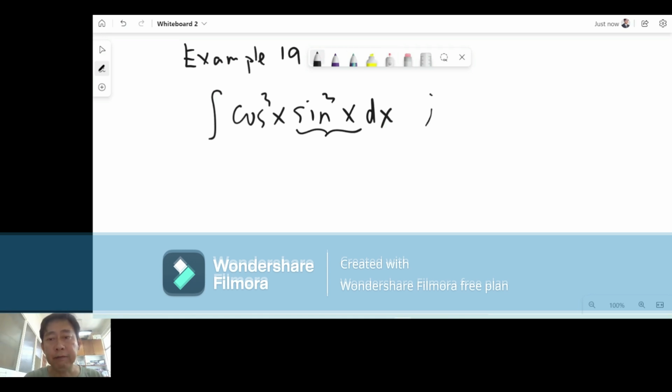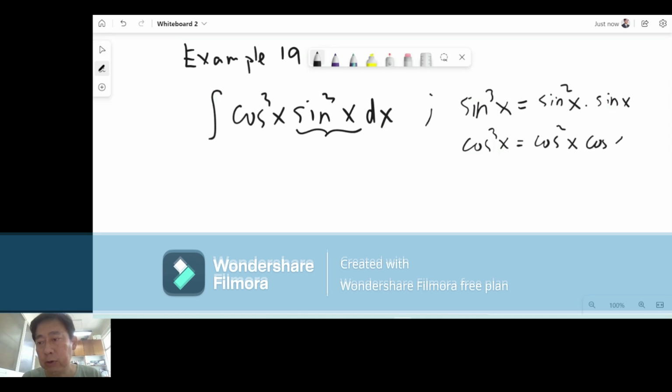For example, you can choose to break sine power 3x in the integrand into the product of an even power times the linear power in sine x. Now you could equally choose cos cube and break it into the product of cos square x times cos x. Either this choice or this choice would allow you to perform the integration in a very similar manner.